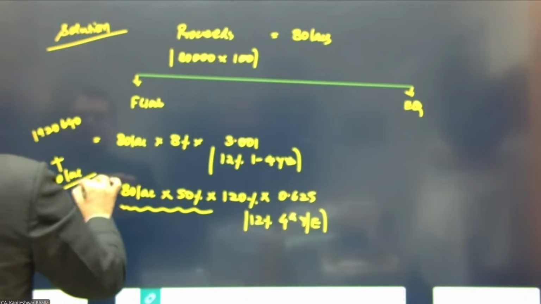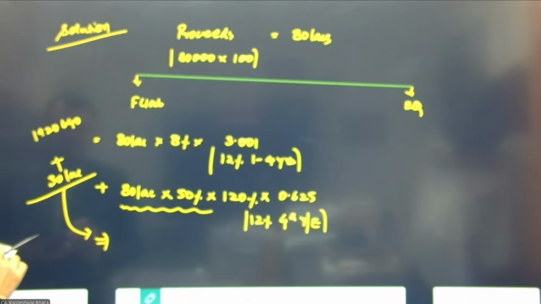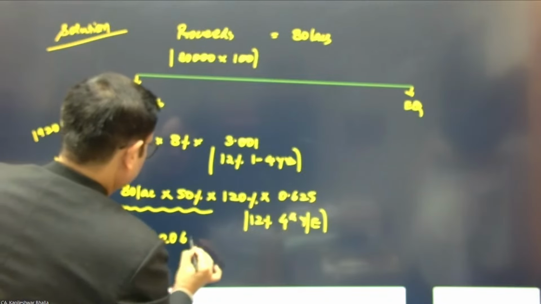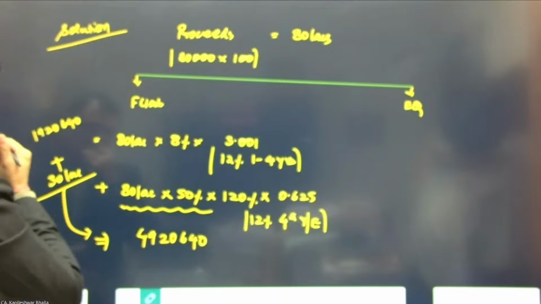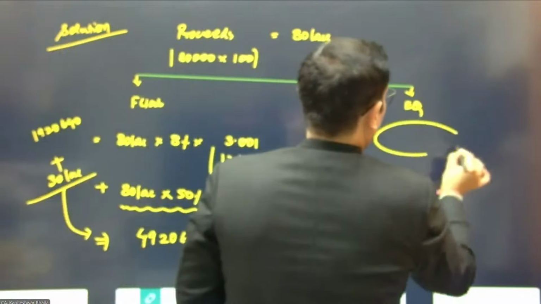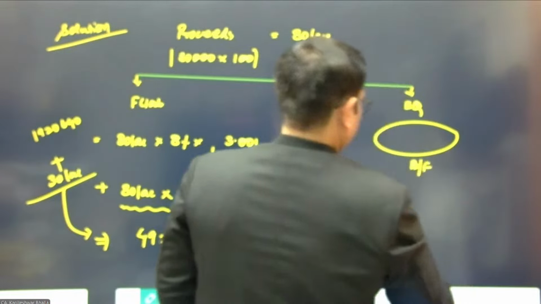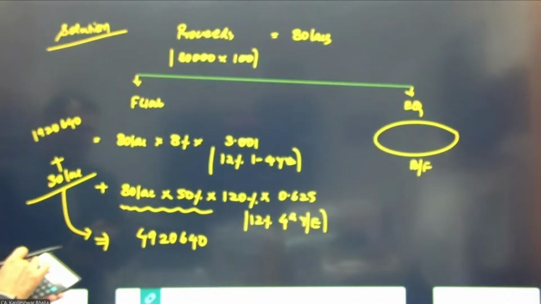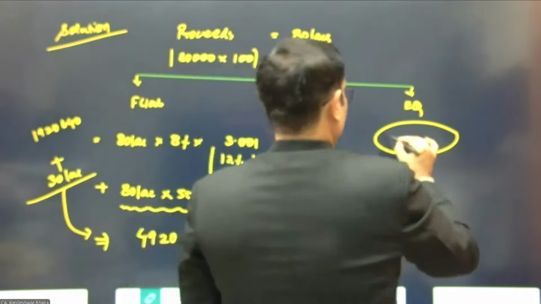So we can get the sum total of this. It's 49 lakh 20,640, I guess. That's what the figure is coming. So we can get the equity as a balancing figure in this case. So out of 80 lakhs, 49,20,640, this comes to the balancing figure 30,79,360.